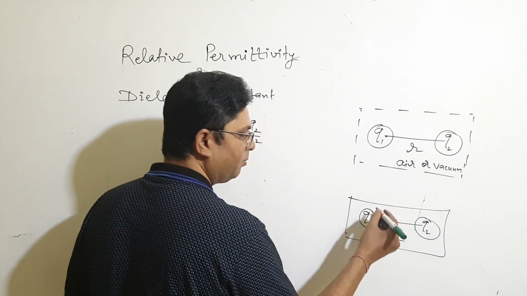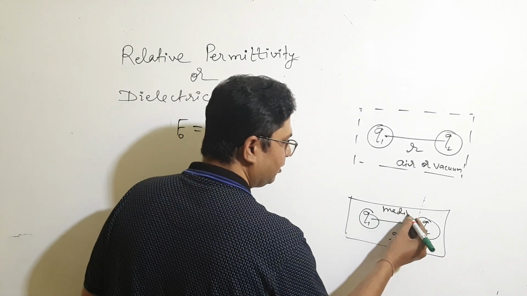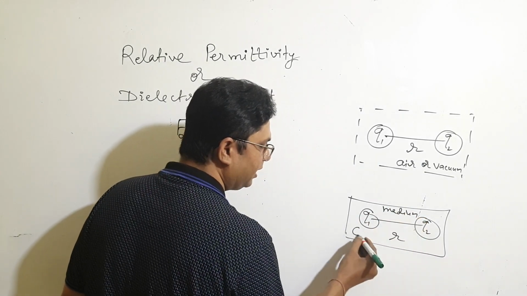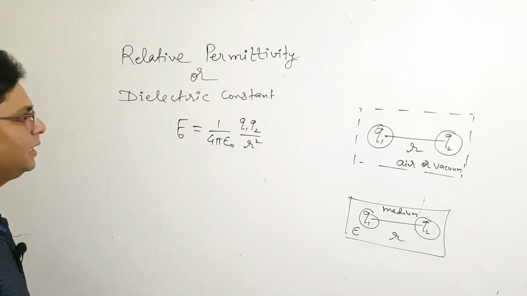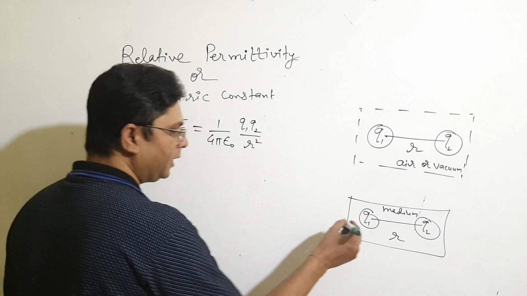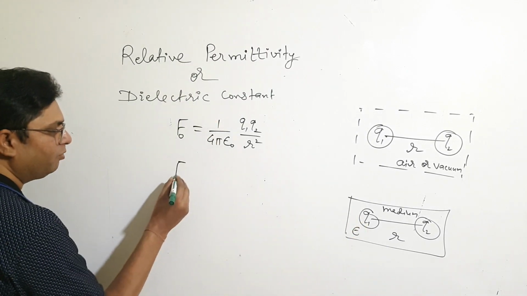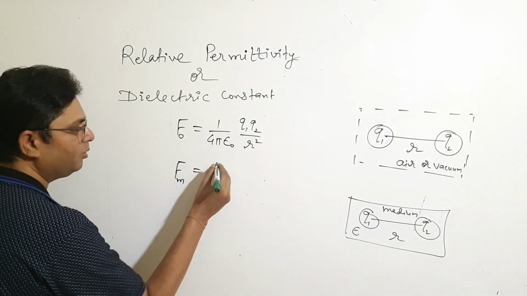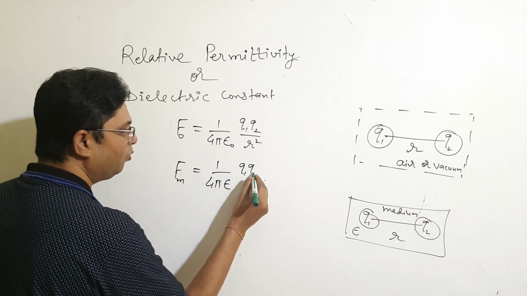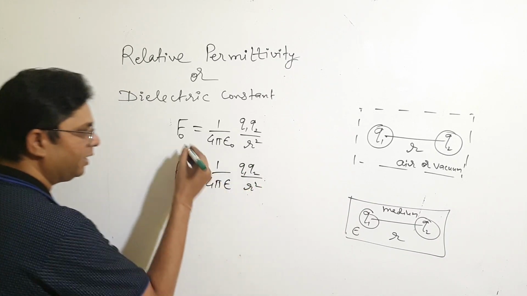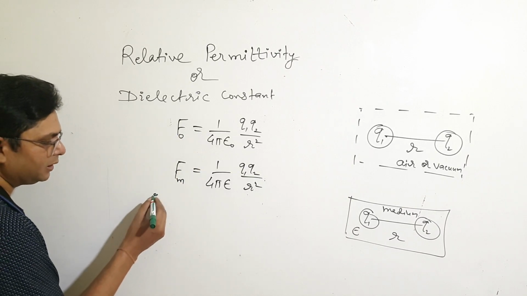in a medium of permittivity epsilon, then you have force in the medium Fm equals 1 by 4 pi epsilon Q1 Q2 upon r square. Divide these two forces.